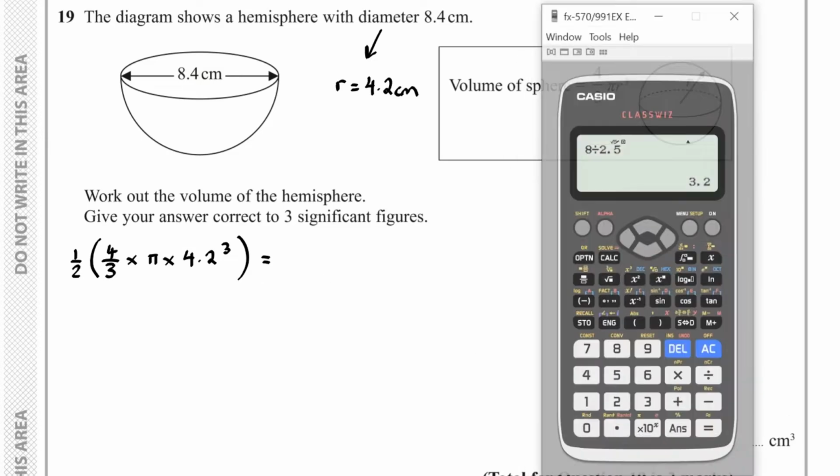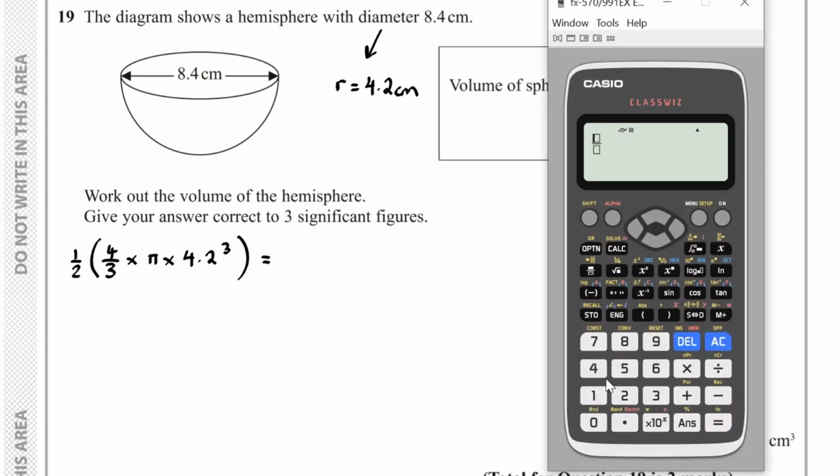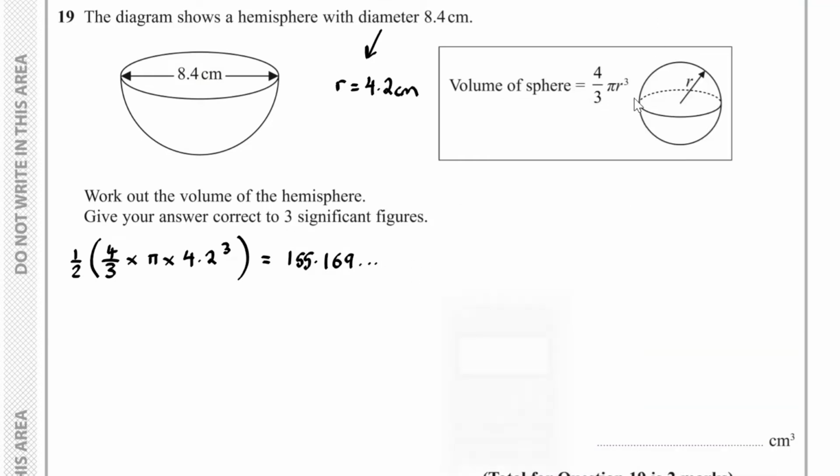And if we work this out, we have 1/2 times by 4/3 multiplied by pi multiplied by 4.2 cubed. Turns out we get 155.169, etc. And therefore, rounding this to 3 significant figures, we have 155 centimeters cubed.